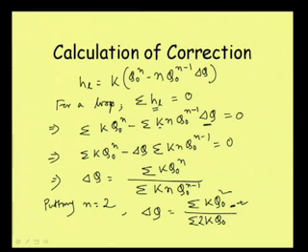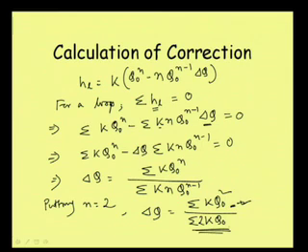In the numerator, the k q0 square value should be summed up numerically, but it should be considered positive or negative based on the direction of flow. But in the denominator, we should add up the value straight away, whether it is positive or negative. I mean, we should take the absolute value.